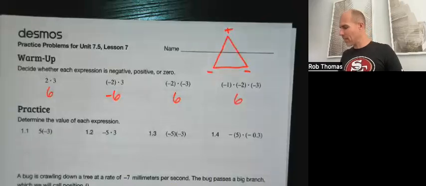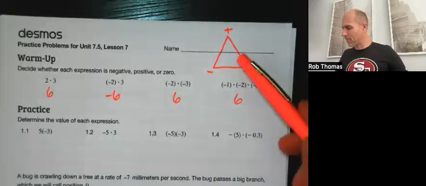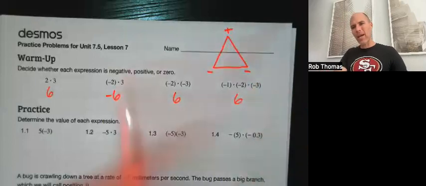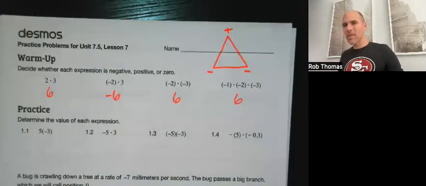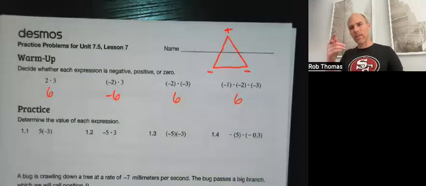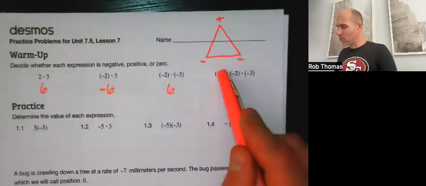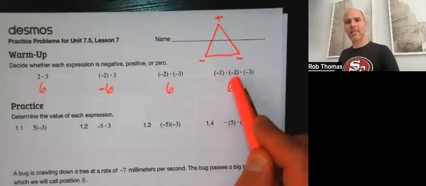And then here, it's kind of hard to use this triangle for things that are more than two numbers being multiplied. You can, there's a way to do it. If you want to figure it out, go ahead. But when you got more than two, there's another trick you can think about. Hopefully you're starting to remember that if you have a negative times a negative, that's going to make a positive.